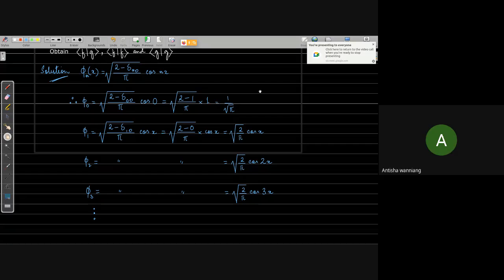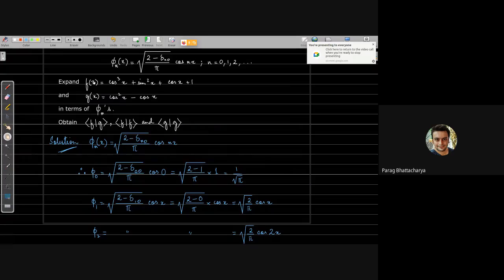Yes, sir. Okay, so now let's go to the function. The function is f of x equal to cos cube x plus sin square x plus cos x plus 1. Now for this function f of x we'll use our trigonometric identities.